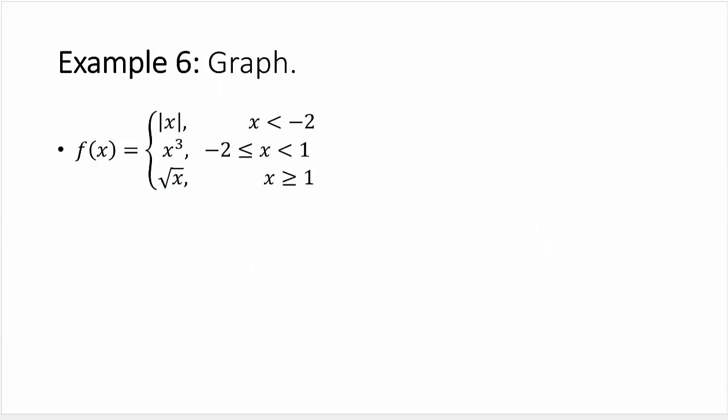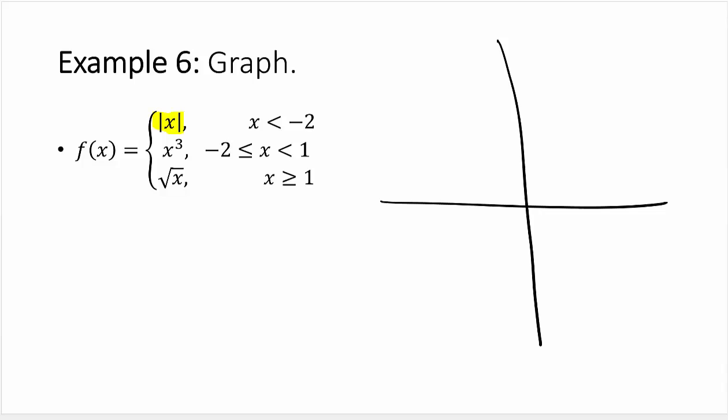Alright, so if we do another example of a piecewise defined function where we're trying to graph, we can kind of do the same thing that we did in the last example, right? We're going to look at each one of these pieces on their little parts of the domain. So the first one is the absolute value of x, and this is good when x is less than -2.